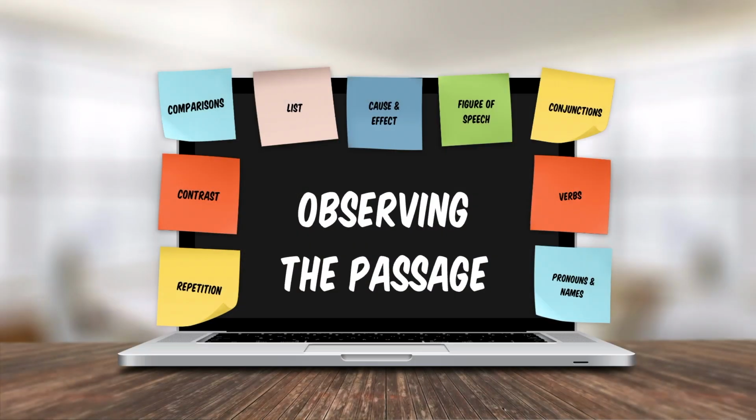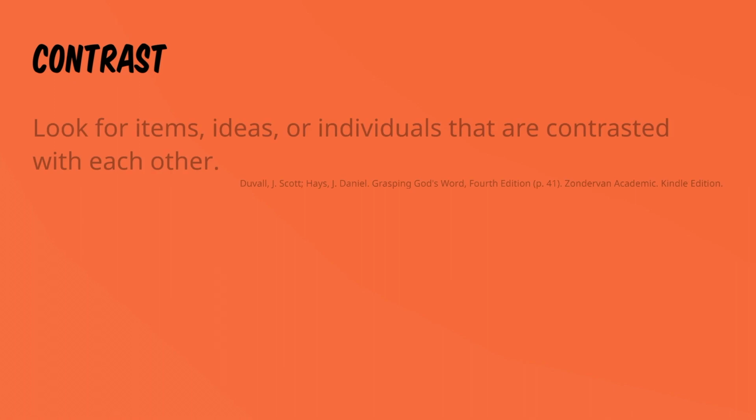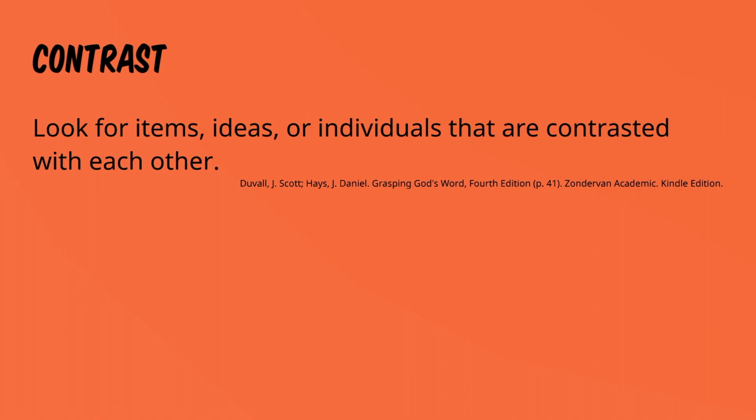So let's head back over into contrast. The first thing we want to do is get a definition. This first definition is from Grasping God's Word, and it says, look for items, ideas, or individuals that are contrasted with each other.